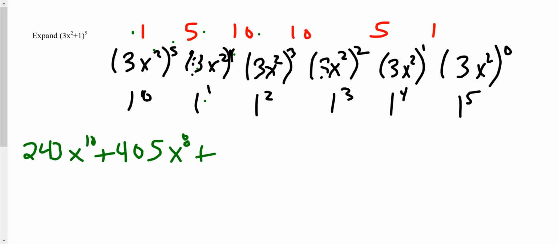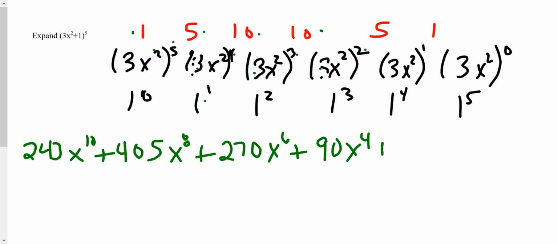Now I'll go 10 times 3 to the third. So 10 times 3 to the third is going to give me 270, and we'll have x to the 6th. And then we've got another 10, so 10 times 3 to the second, and that's going to give me 90, of course. So 90 x to the 4th.